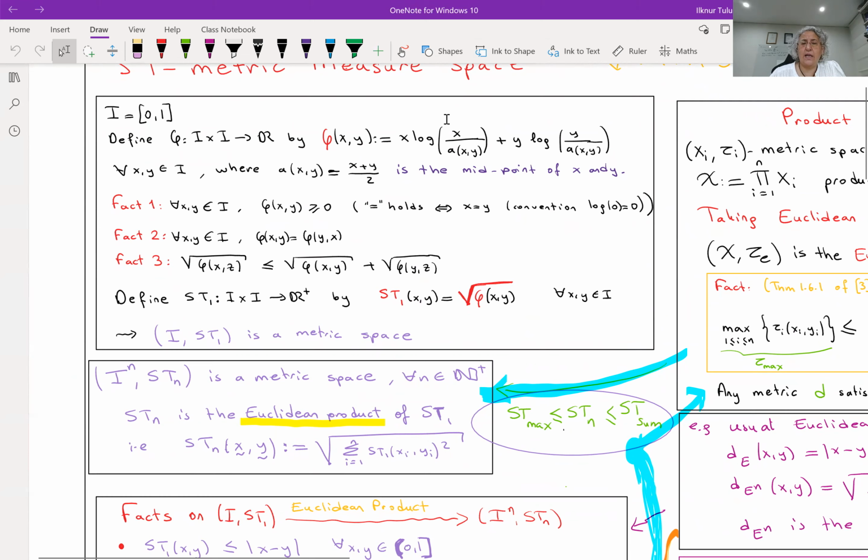This is a relative entropy with respect to the midpoint. That is another relative entropy with respect to the midpoint, and I am symmetrizing these two and taking the square root of it. So the ST metric is pretty special for that reason. And I believe that studying the Sobolev functions and the solutions of the differential equations on this particular metric measure space might give better results. Thank you very much.